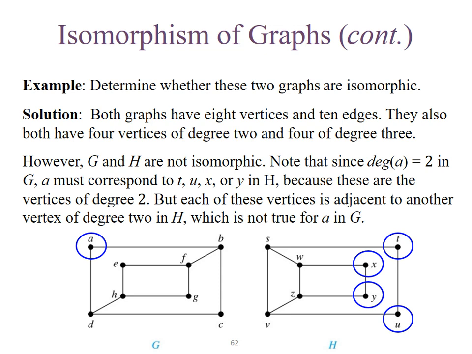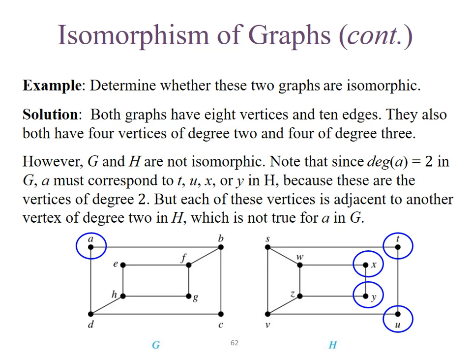All right, let's see this example. We have two graphs, G and H. Based on observation, you can see we just changed the position of some vertices in H. Their number of vertices is the same, and the number of edges is the same. How about the degree sequence?